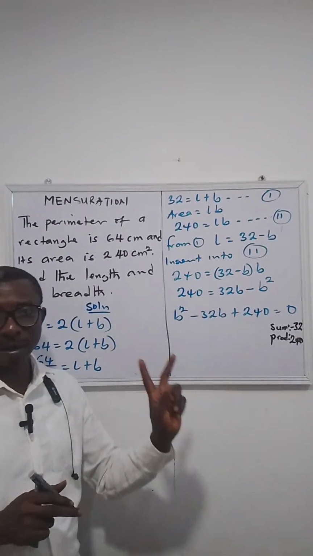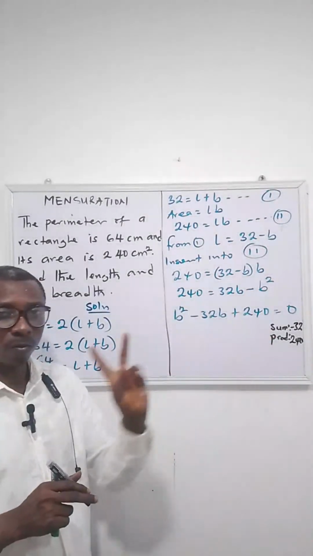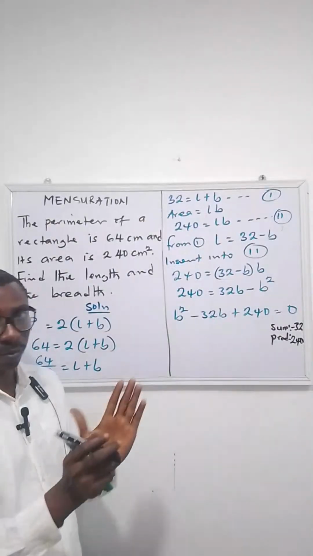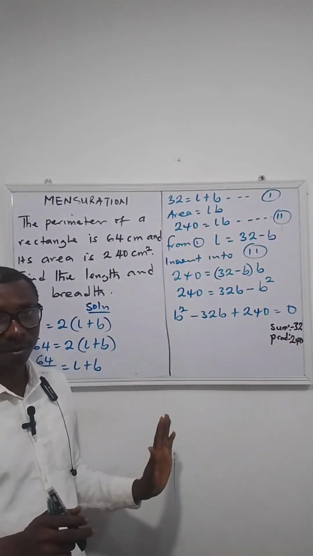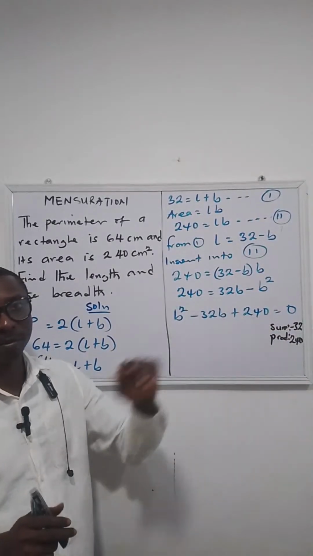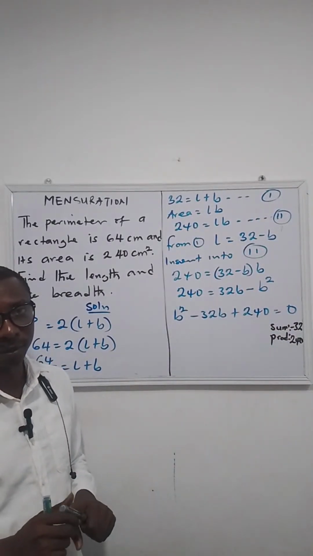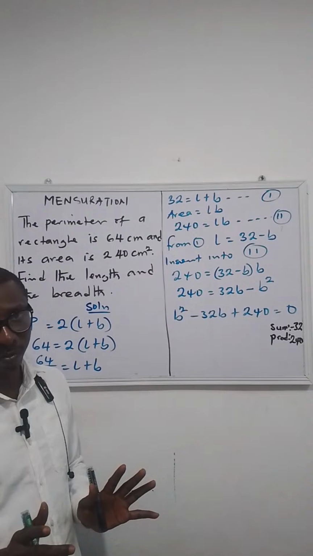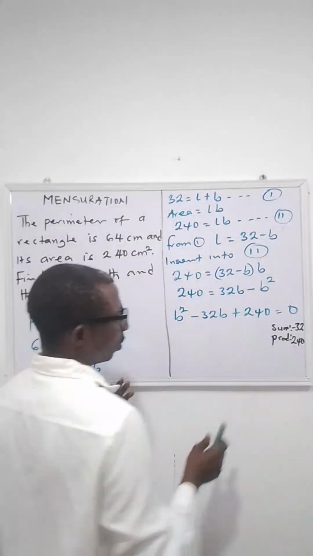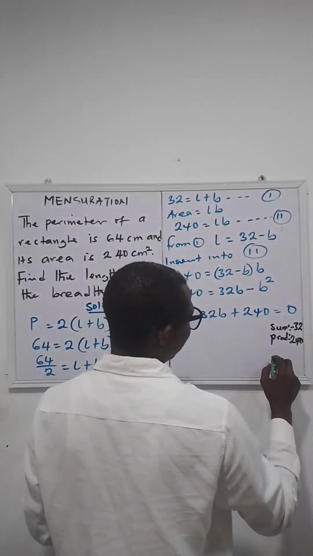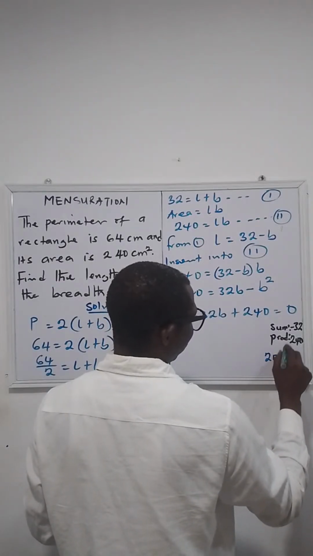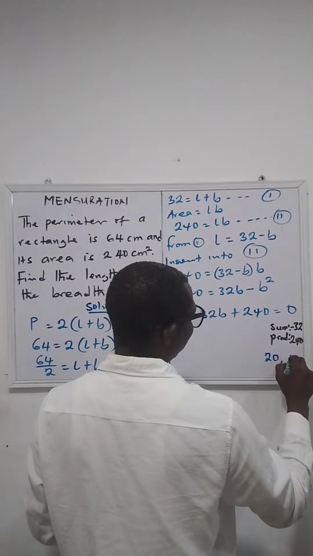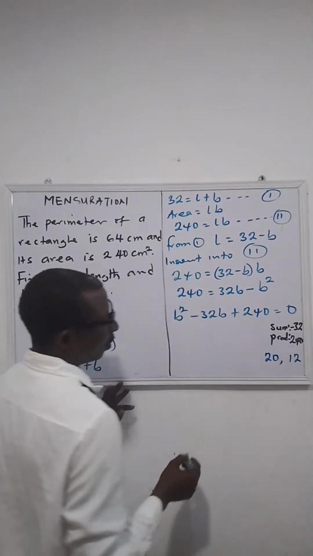Okay, so now what are we doing with this? We need two numbers such that when you multiply together, you have 240, and when you add together, you have negative 32. So what are the two numbers? We have 20 and 12, and I want to have a negative.